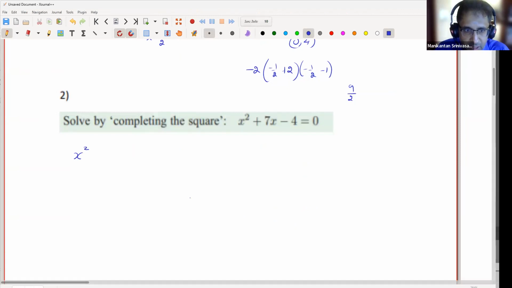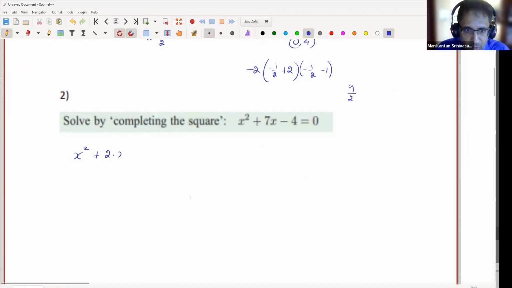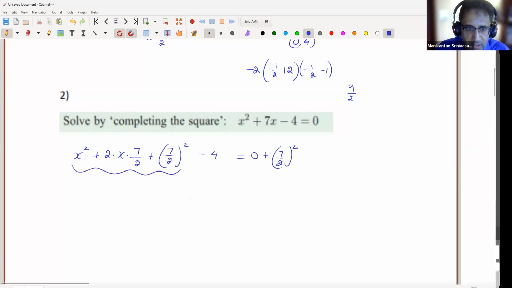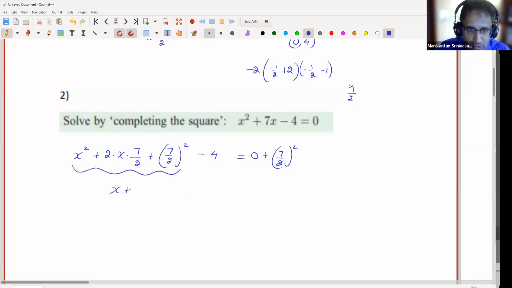So we'll read it as a square plus 2 into a into b, or p plus q whole square, whatever you want to take. So my q is 7 by 2 here. And now I want to add 7 by 2 whole square. And I'll do the same on the right-hand side as well. And then I have the minus 4 sitting here. And now this chunk is now x plus 7 by 2, the whole square.